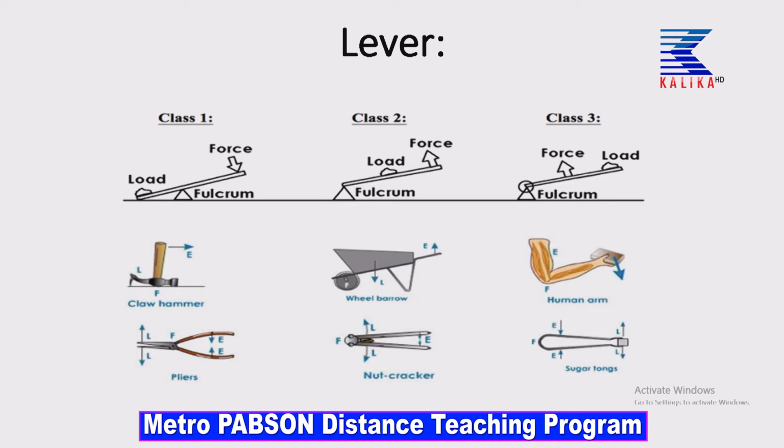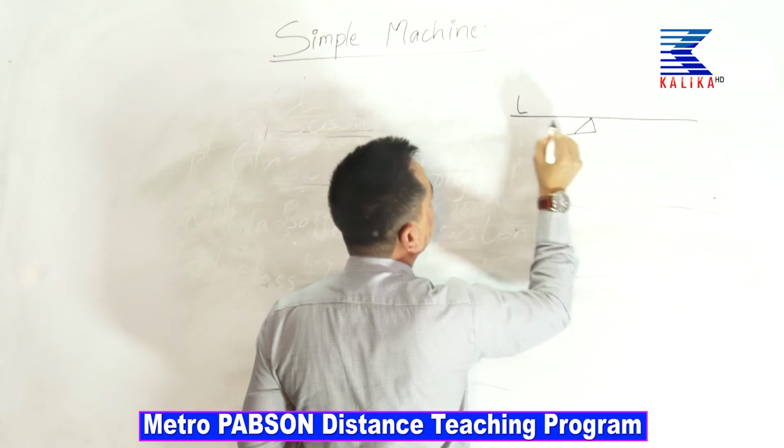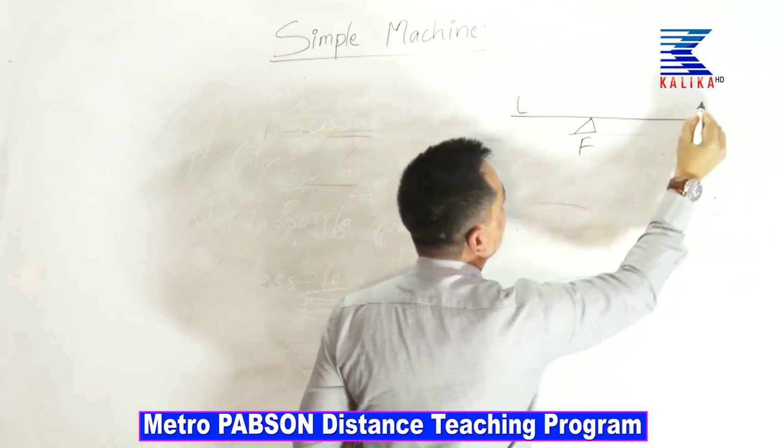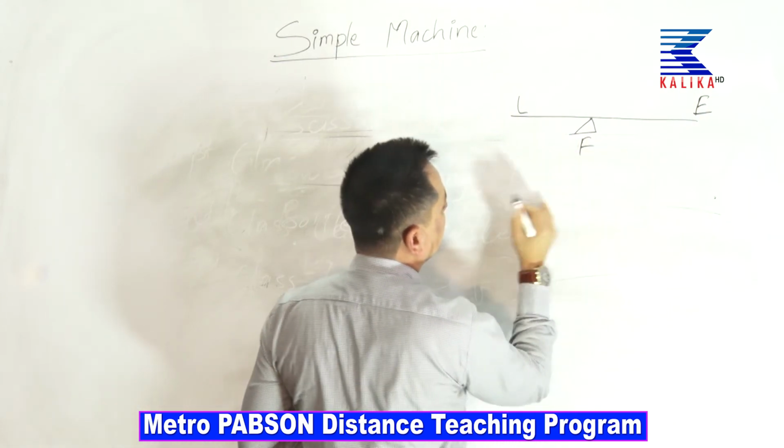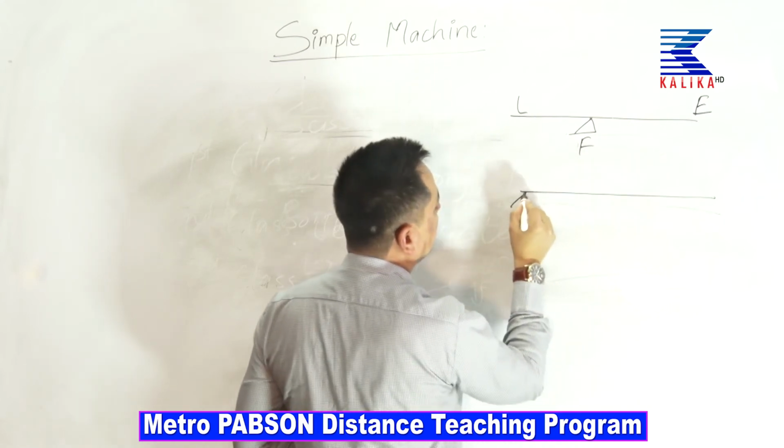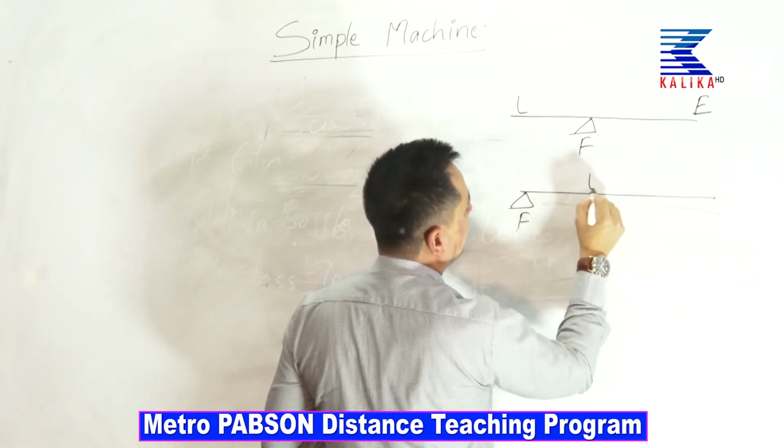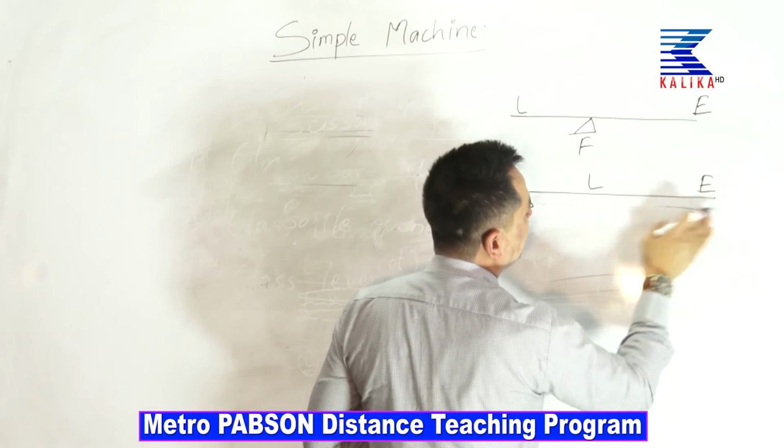Now let's discuss the different parameters in lever. Load, fulcrum, effort: this is first class lever. Fulcrum, load, effort: this is second class lever.